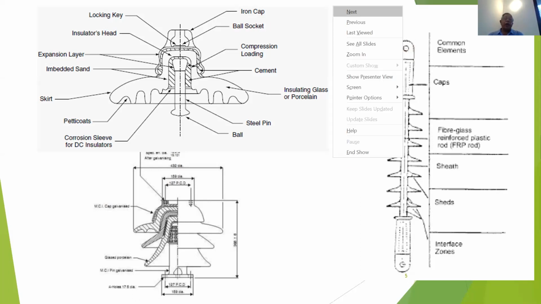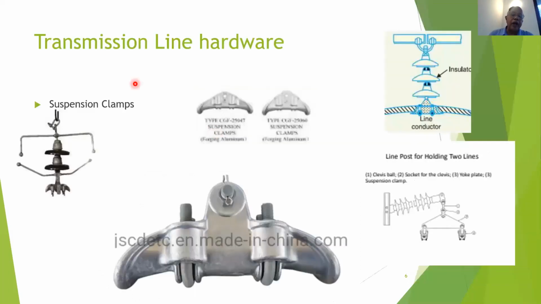Okay, now transmission line hardware. This is a suspension clamp. There are so many, hundreds of different types of suspension clamps, and this hangs right over here.